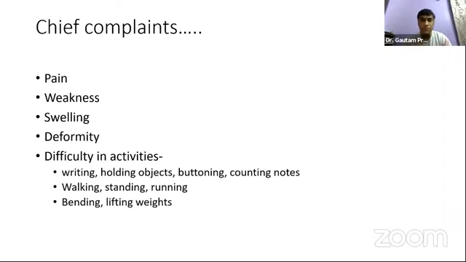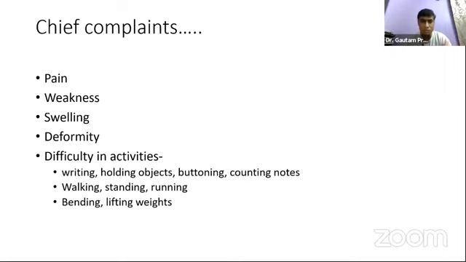Now, the main complaints with which the patient presents in spine pathology are either pain, weakness, swelling, deformity, and the difficulties the patient has because of any one or more of these.